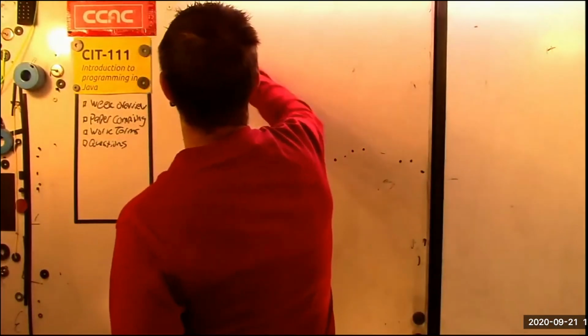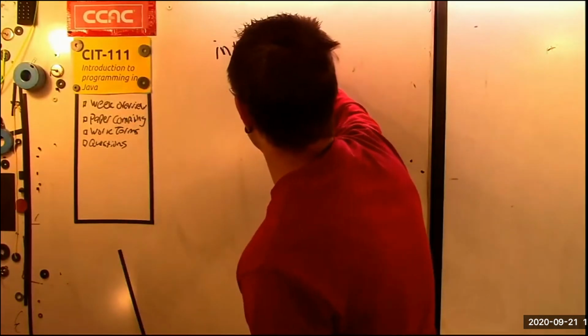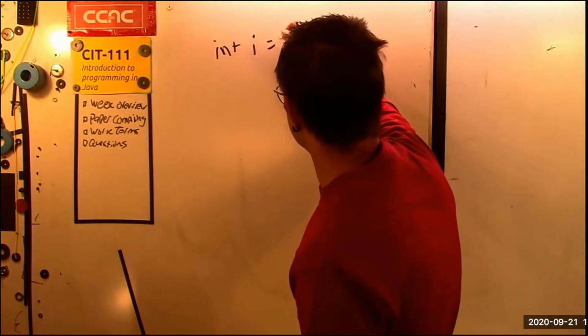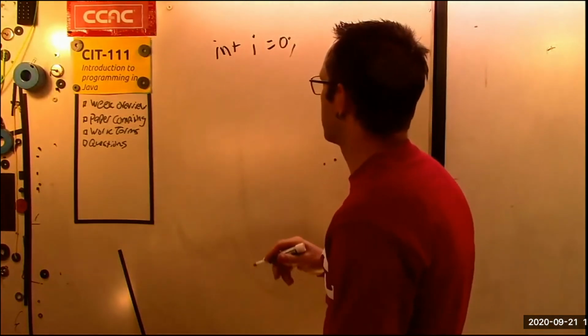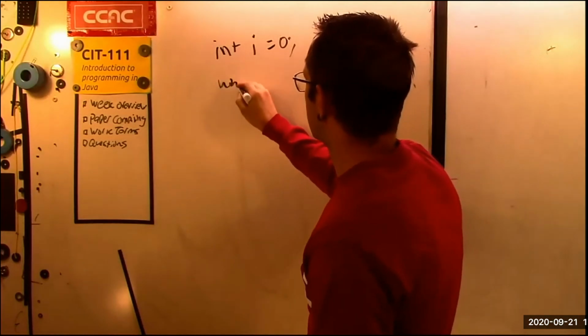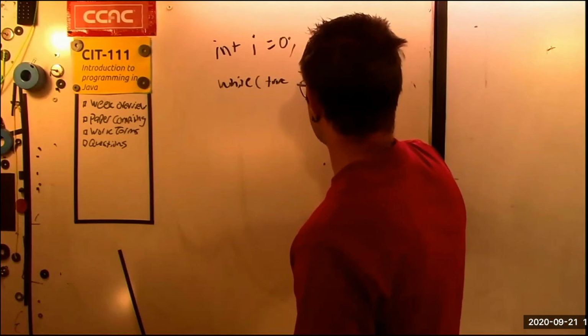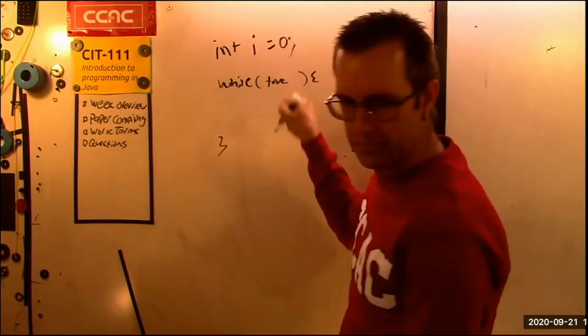So we're often in the case where we have a variable called int i that we want to use as a counter for something. So we make the variable, and then often in some sort of a loop, we want to increment that variable every time we loop through.